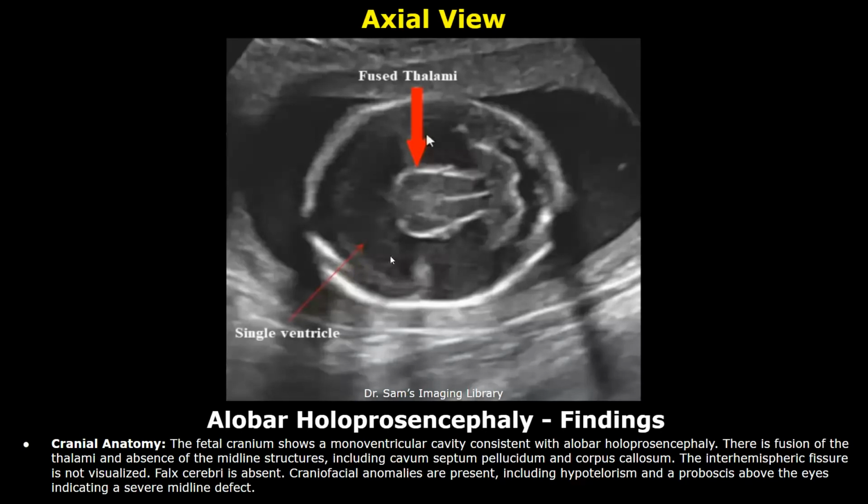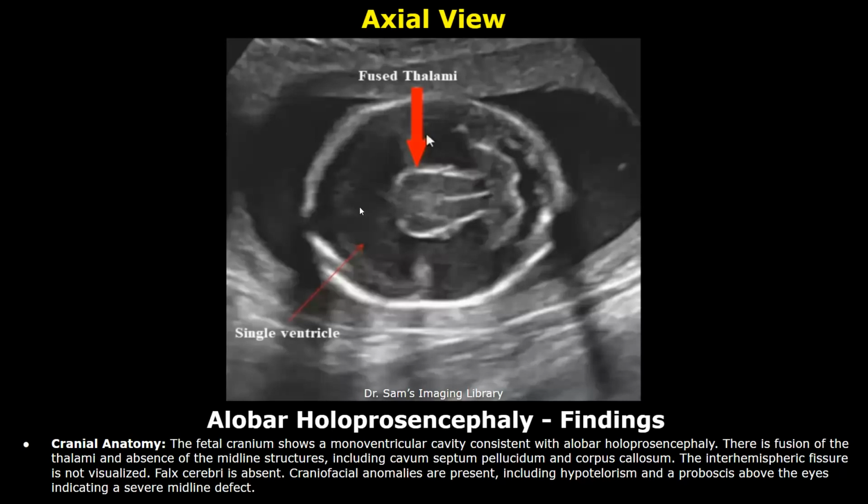There is fusion of the thalami and absence of the midline structures, including cavum septum pellucidum and corpus callosum. The interhemispheric fissure is not visualized. Falx cerebri is absent.